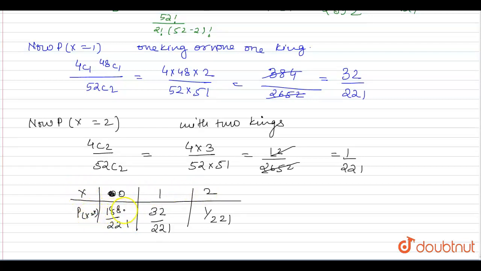The probability for 0 we get as 188 by 221, for 1 we get as 32 by 221, and for 2 we get as 1 by 221.